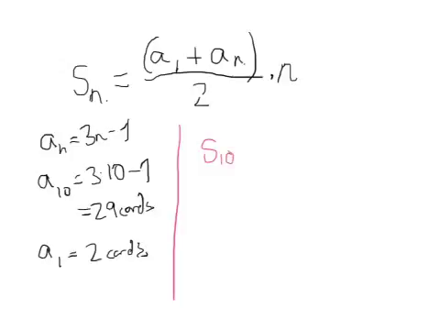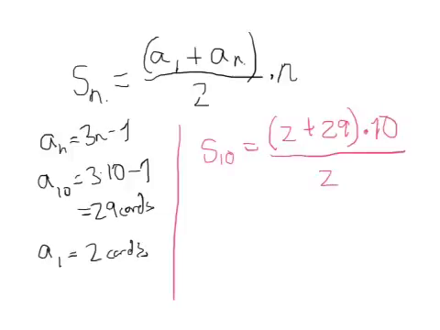The sum of all the cards in all the levels is going to be the number of cards in the first level plus the number of cards in the last level, that's the 10th level, multiplied times the number of levels, and all of it divided by 2.